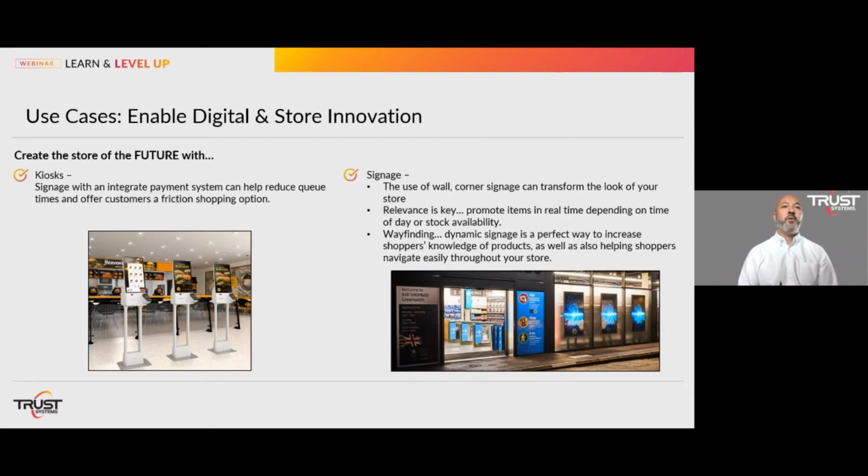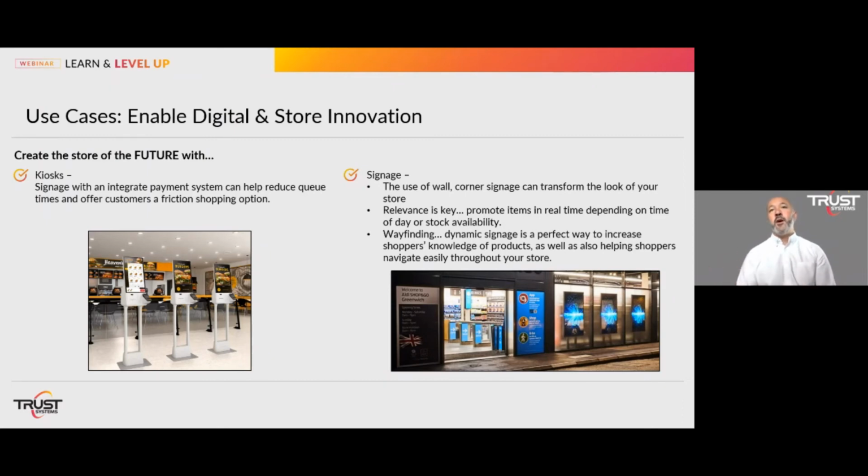We've got within our armory the Samsung kiosk that is very popular within QSRs, within self-service environments, where people not only want to use the signage to interact for information, but also for ordering and payment, and that's really creating a much improved environment for more frictionless shopping, for more self-service environments, and that's very, very popular. So we've got different types of screens, different types of enclosure that can deliver that for yourselves.